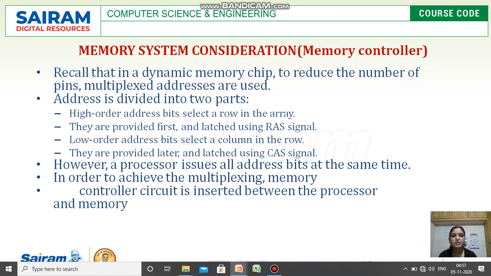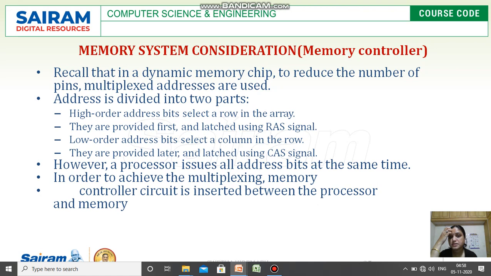Dynamic memory we are going to use in the larger memories, like main memory, or the levels where we need more capacity. In that part we can make use of dynamic memories, as the cost is less, and the performance is slower when compared with static memories. Recall that in a dynamic memory chip, to reduce the number of pins, multiplexed addresses are used.